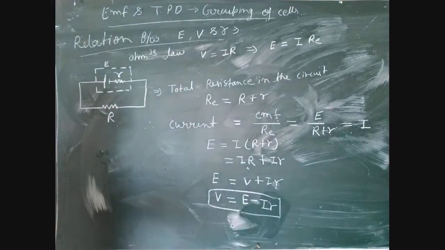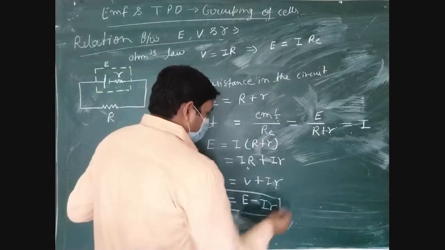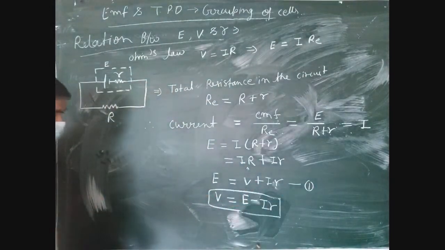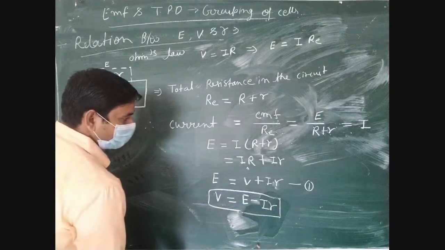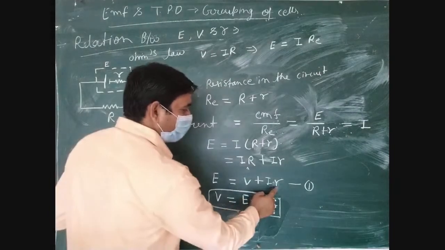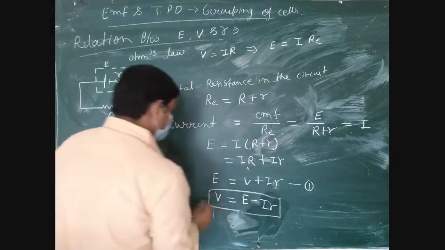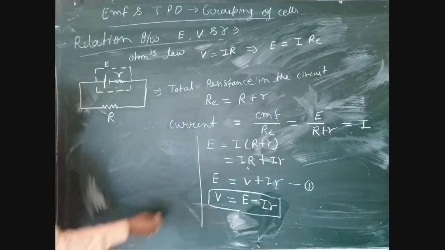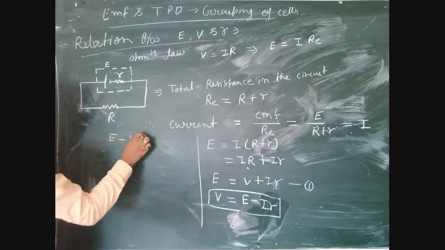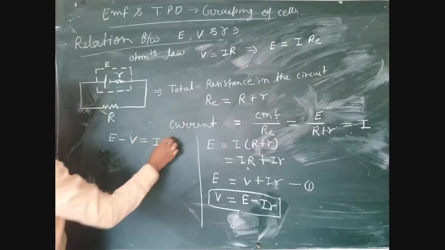Okay, now from this equation we calculate the value of the internal resistance. We have E minus V equal to I into r.